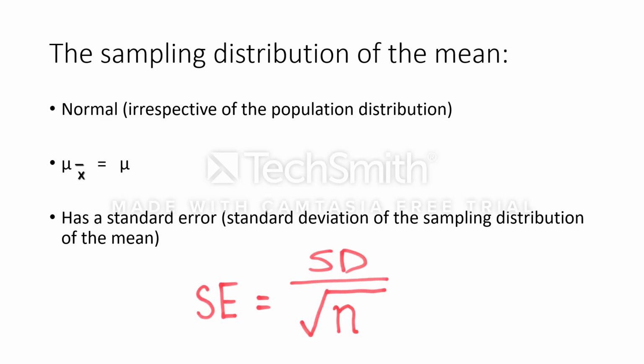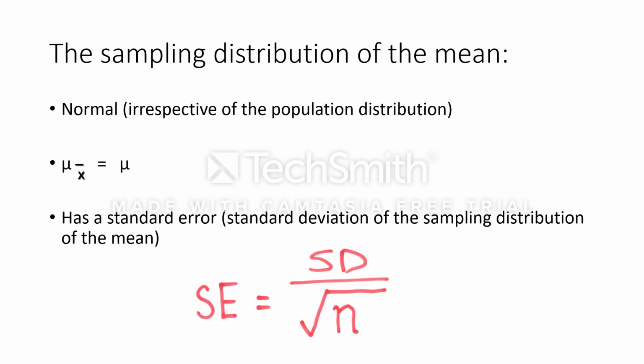And so when we think of the sampling distribution of the mean, we need to also imagine that it too has its own standard error. So if we were to take lots of different samples and measure the heights of people, we would end up with an error measurement associated with the deviation and spread of those scores.